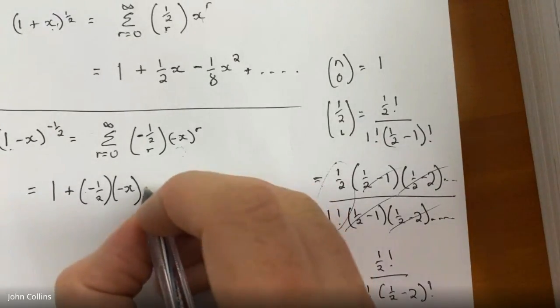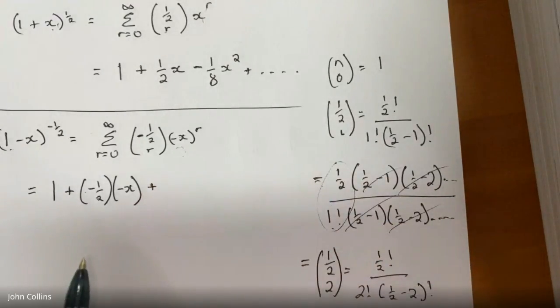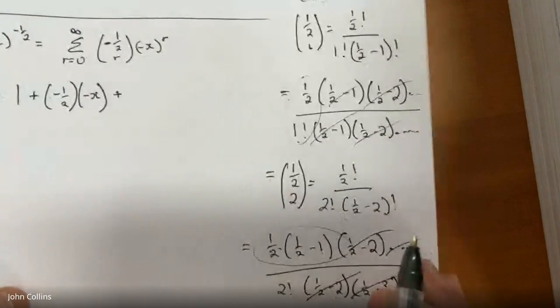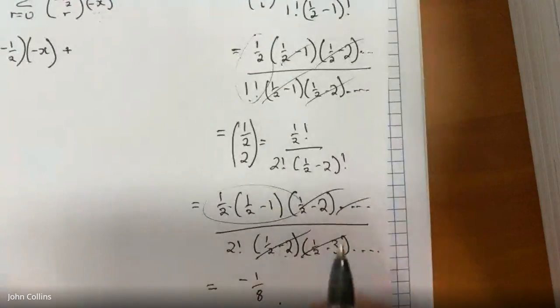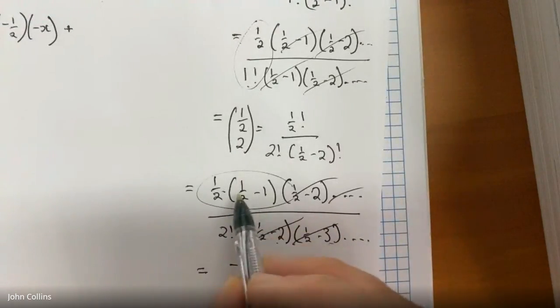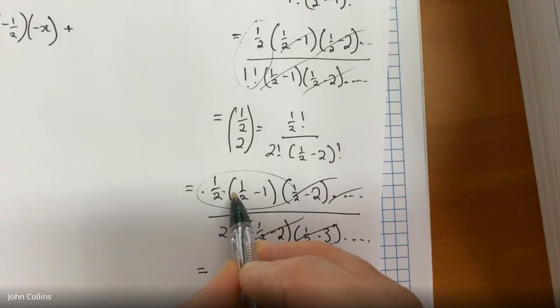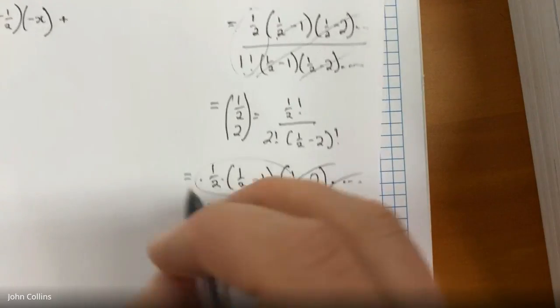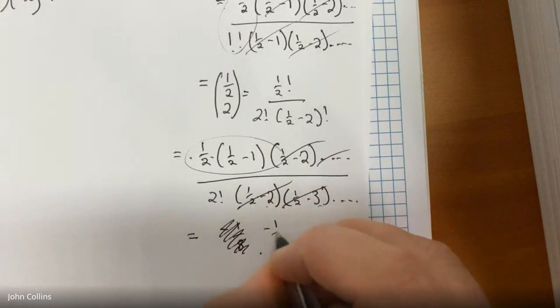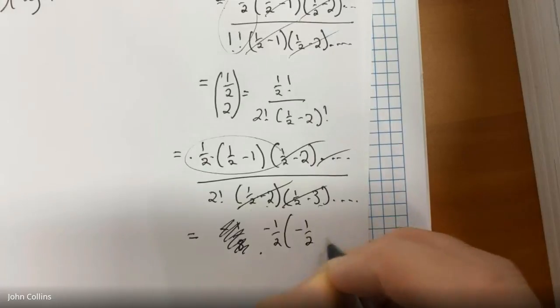The next term then, perhaps we need to do it out. If we think about it, it's going to be like this one: minus a half, minus a half minus 1. So let's do that one using the same working out. Minus a half, minus 1, all over 2 factorial.